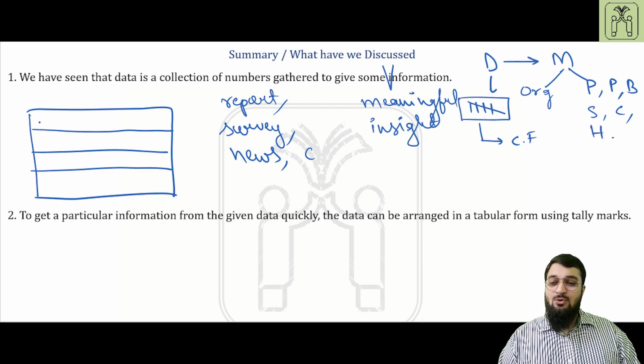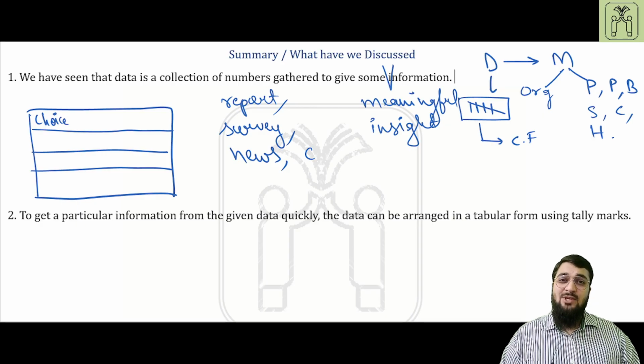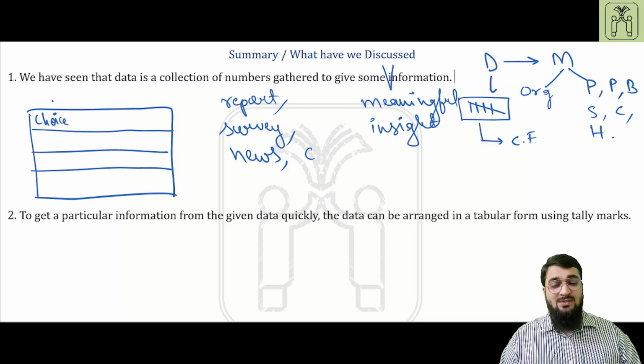So the number of rows will be n plus 1, where you write the choice. If it is a fruit, you will write fruit. If it is a car, you will write car. If it is the face of a dice, you will write that, etc.